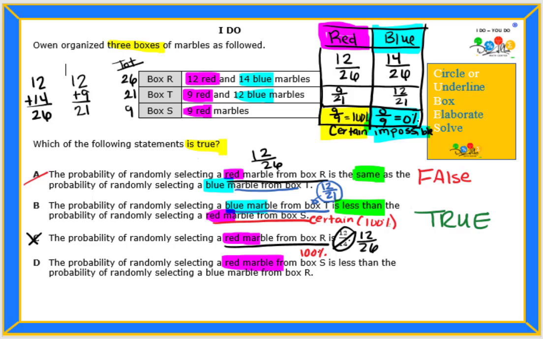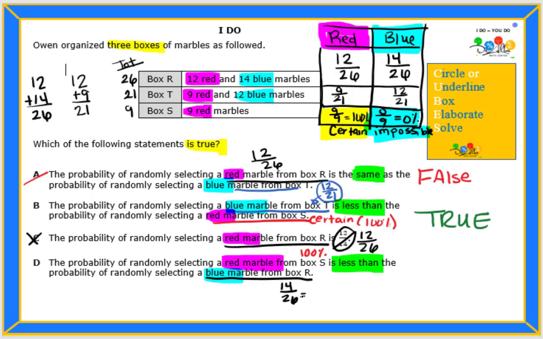We're always going to get a red marble from box S. So we're 100% certain. So how can that be less than selecting a blue marble from box R? Look at box R. There are 14 blue marbles out of 26.